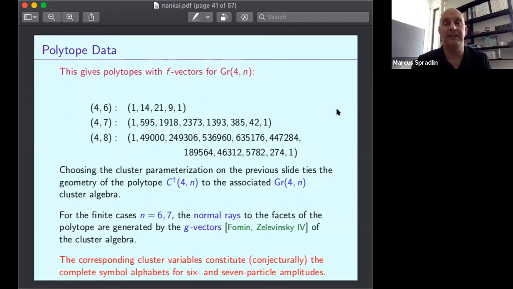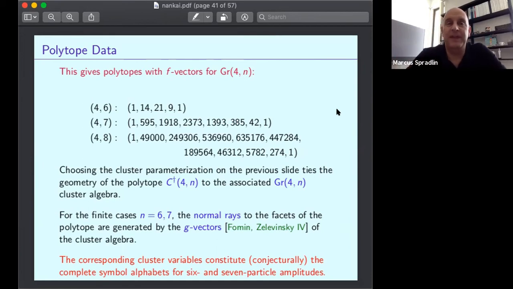They're things that in the cluster algebra community are called G-vectors of the cluster algebra. So the point is that there's a very natural way, at least in the finite cases, to take one of these polytopes and assign a cluster variable to each facet. And the set of cluster variables you get is exactly the symbol alphabet of the 6 and 7 point amplitudes that you heard about in Anastasia's talk.